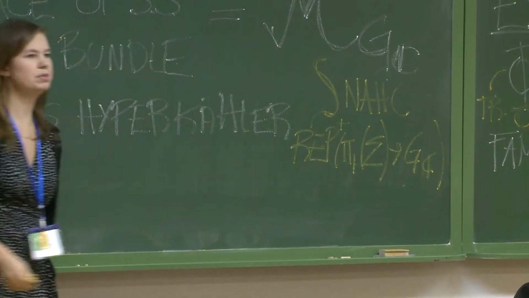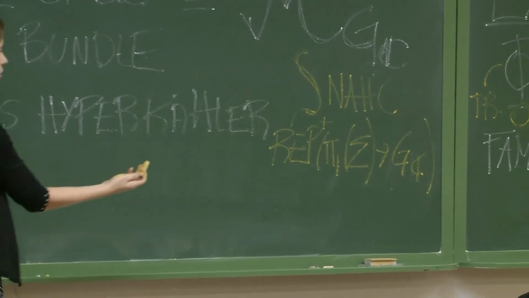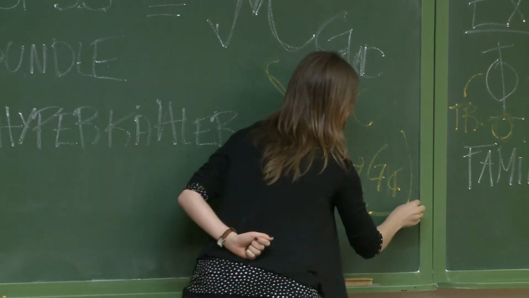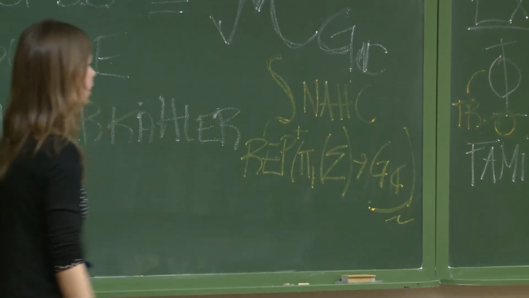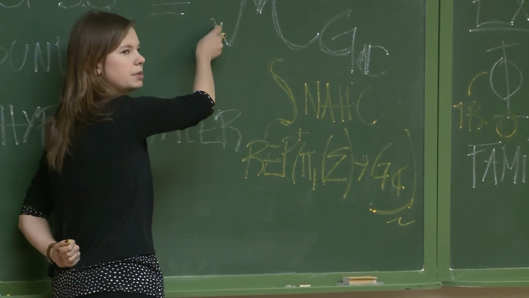So you take maps from the fundamental group of the Riemann surface into the group G_C, and you quotient by equivalences, and you take away the bad representations, but that space is in correspondence with the moduli space of Higgs bundles.